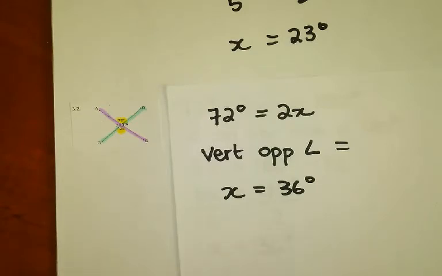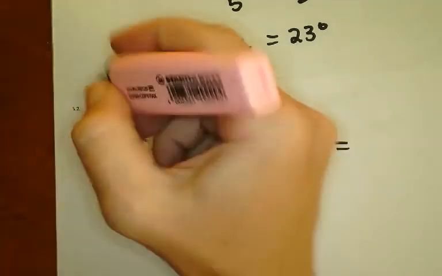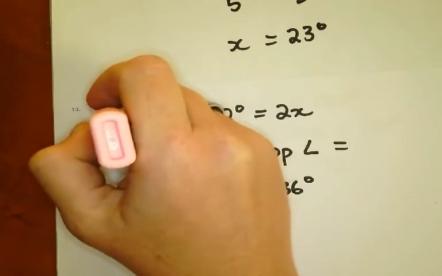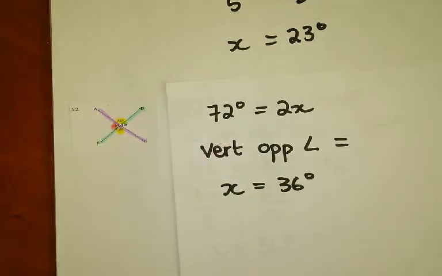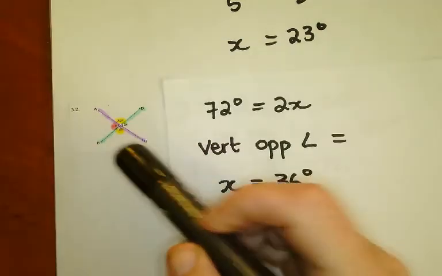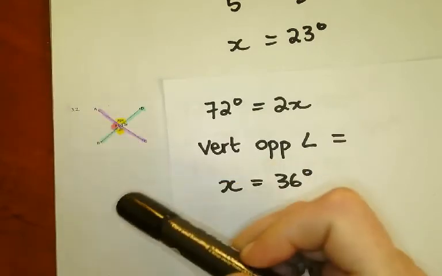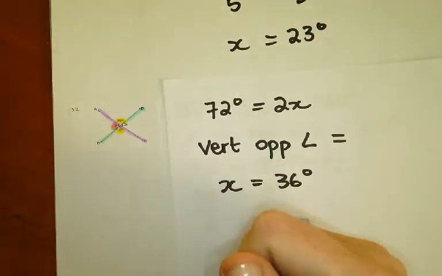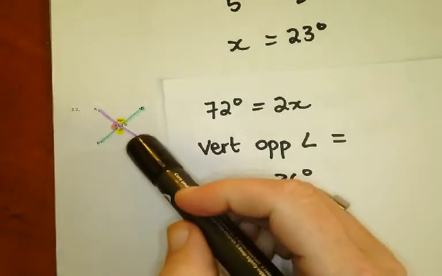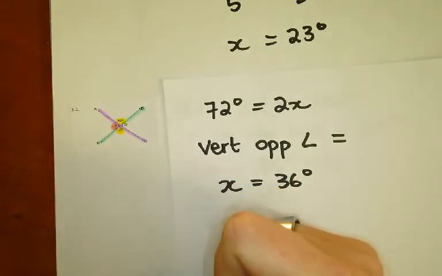Now we've got the same situation for y here. Y is over here. Alright? Now we could either say y plus 2x equals 180 because they are on straight line AC.